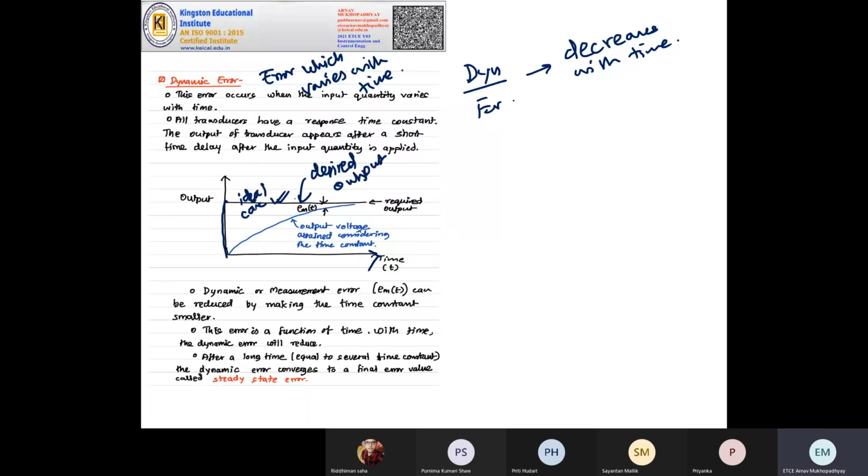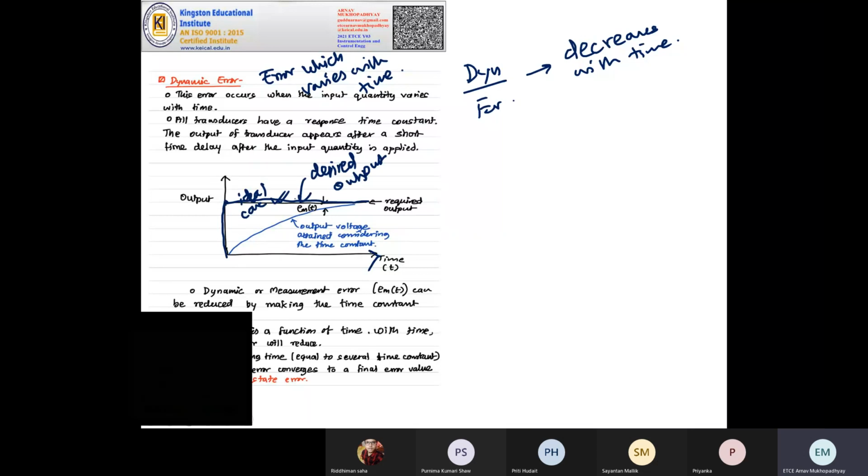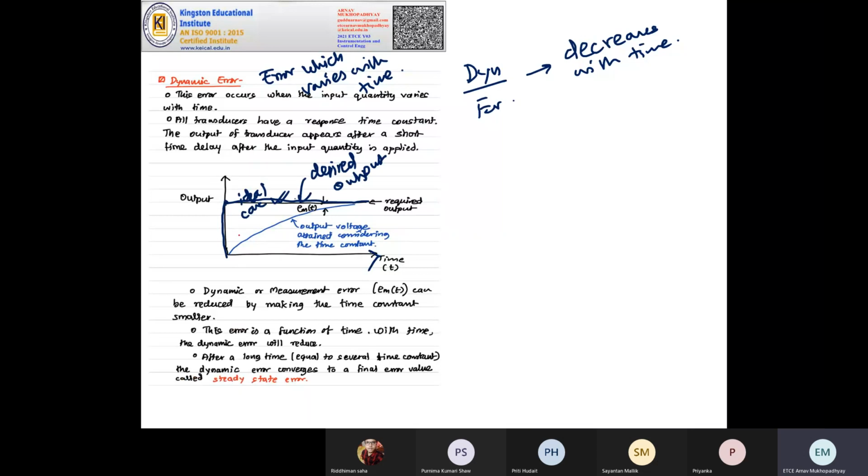So if you want some desired output, in ideal case, the device or the transducer should have outputted this value as soon as it started. But because of dynamic error or because of reality, you cannot immediately achieve this value. You will achieve this value slowly, gradually over time.